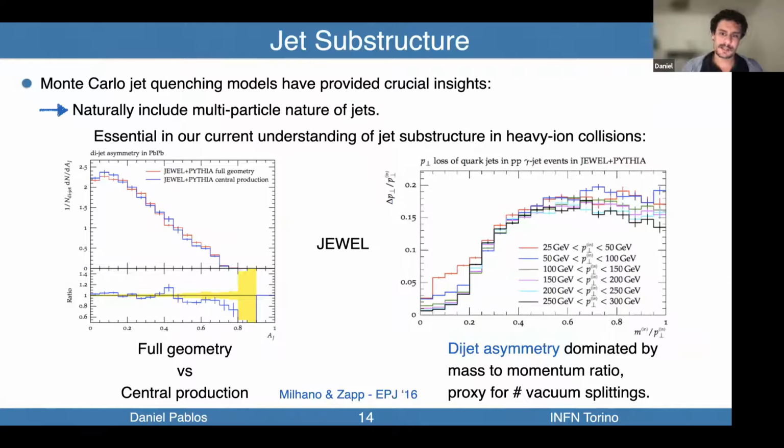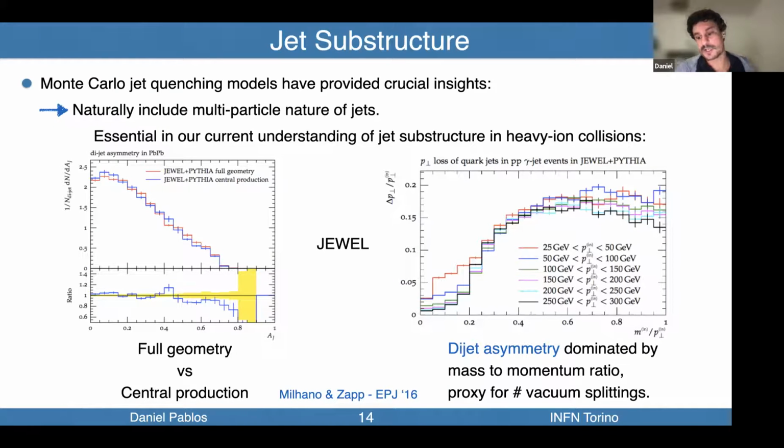For instance, I'm sure many of you will remember this interesting study using JEWEL, which is a Monte Carlo jet quenching model that has allowed us to gain crucial insights about the phenomenology of jet quenching. These Monte Carlos naturally include the multi-particle nature of jets.